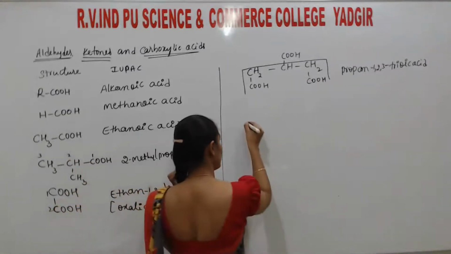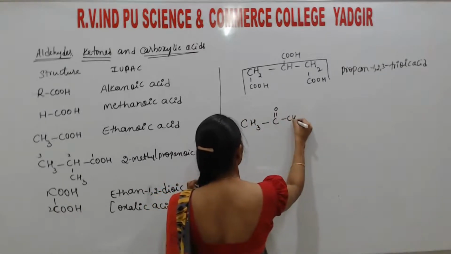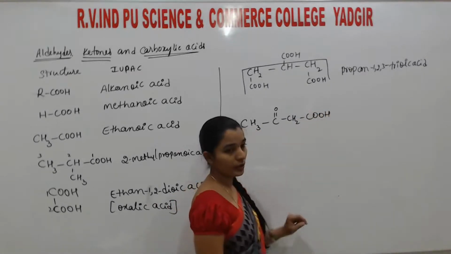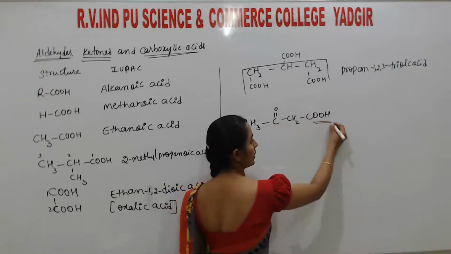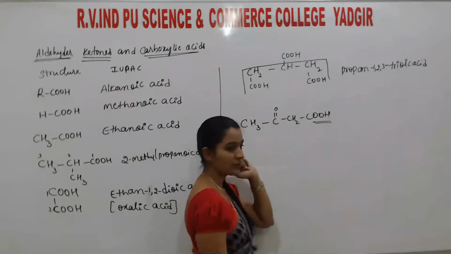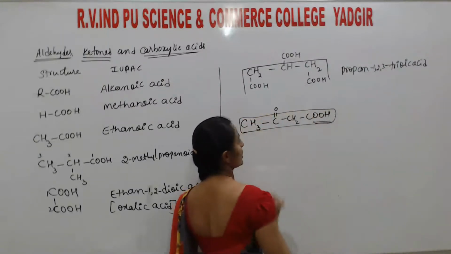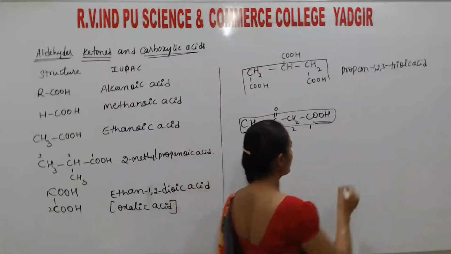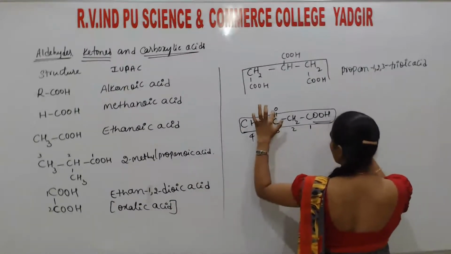Okay. If a ketone group is there along with a carboxylic acid group, both are important, but the COOH group is the prior group. This one is the suffix, this one is the prefix. The ketone is less prior compared to this, so the COOH chain must be the parent chain. Starting from here 1, 2, 3, 4. Now the name is: at third position, what is substituted?